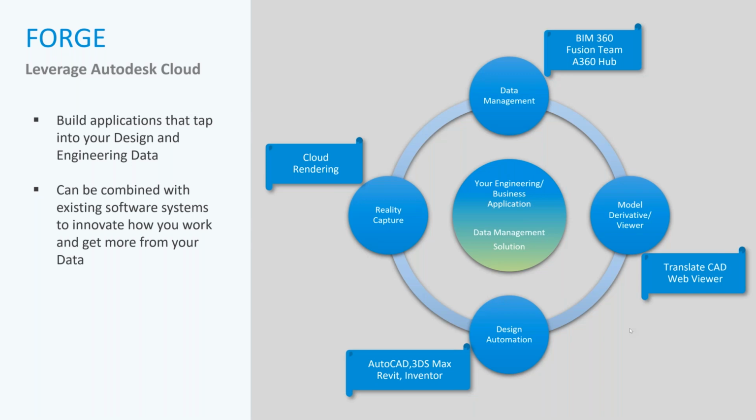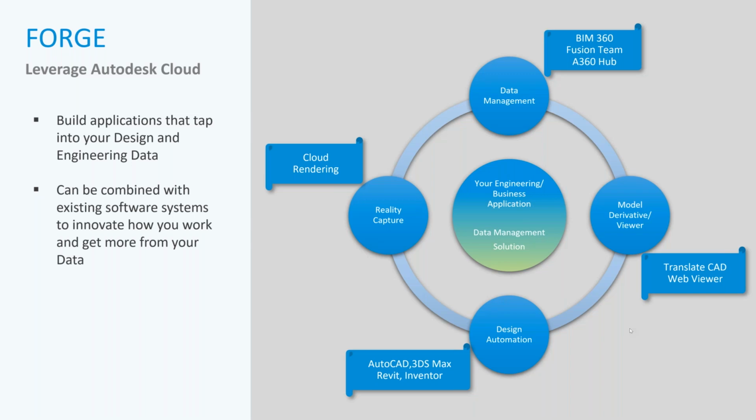The design automation API, that's a very nice one. At this moment, if you think you don't have access to any Autodesk software on your desktop, you cannot work from home, or you do not have access to any of the desktop products, you can actually right now use the core functionalities of AutoCAD, 3ds Max, Revit, or Inventor using the Forge API.